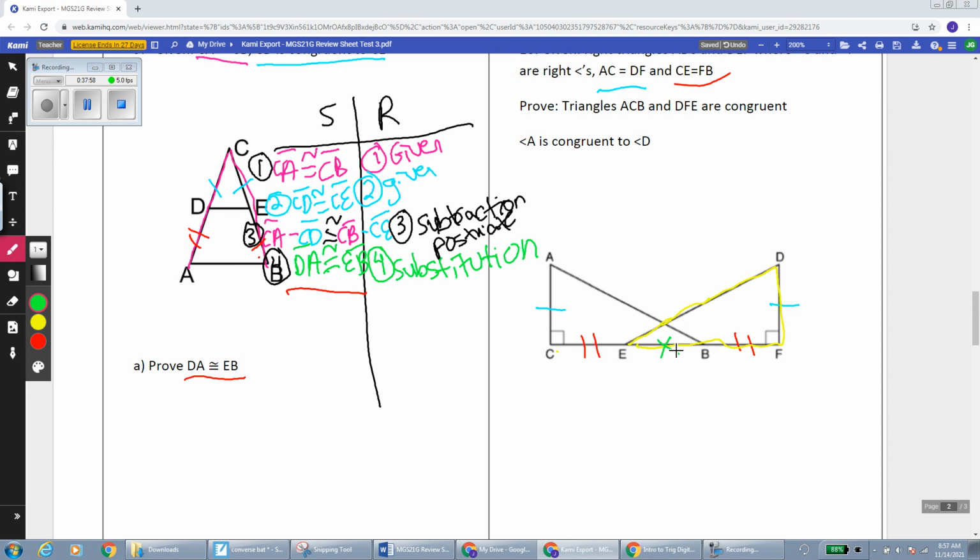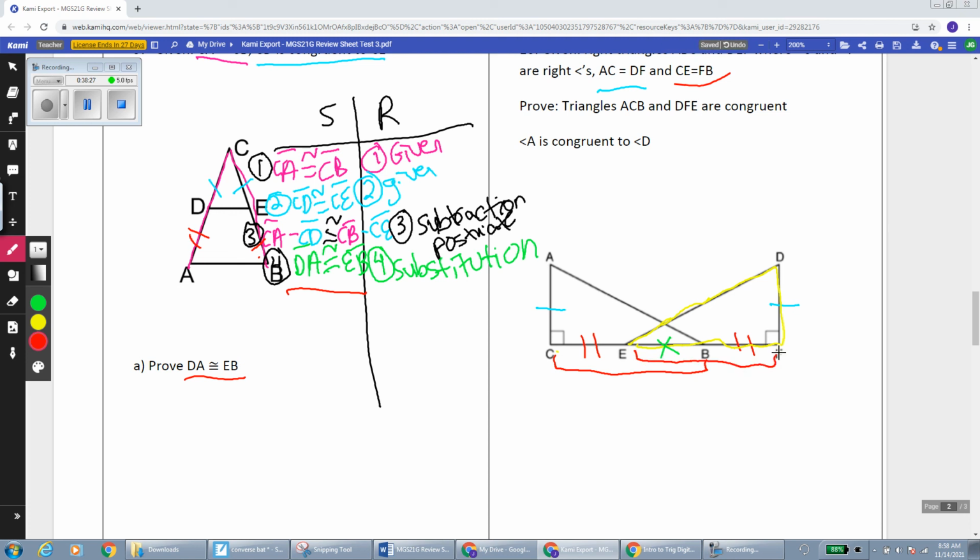So recognize when we use the addition postulate, to this piece we're going to be adding this segment, and to this piece we're also going to be adding this segment. So in our proof, we're going to have to say that this segment is congruent to itself by the reflexive property. We want to use it in the addition postulate because remember, for addition, we have to start with congruent and be adding congruent. Once we use the addition postulate, we will have information about the full side CB of the black triangle and the full side FE of the yellow triangle.